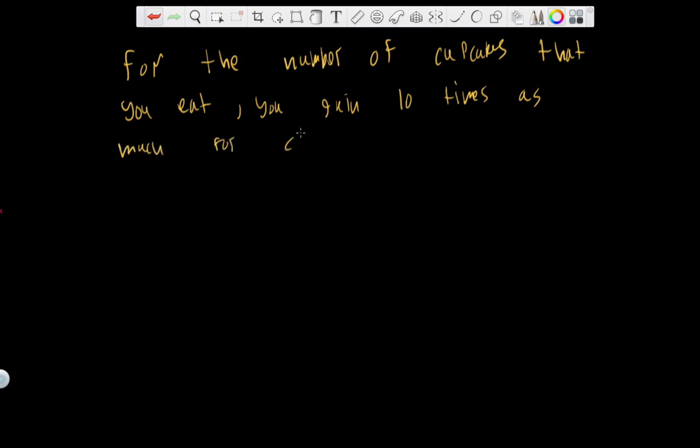So we can set up an equation here that represents this relationship. So what this says is that for every cupcake you eat, you essentially gain 10 calories. So what we can say is that calories is equal to 10 times cupcakes.